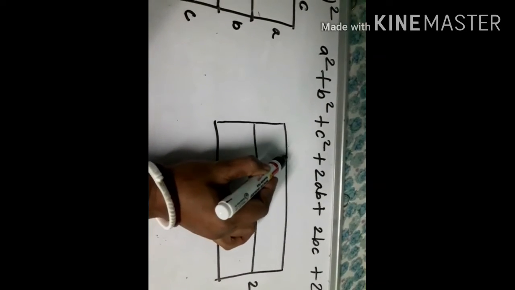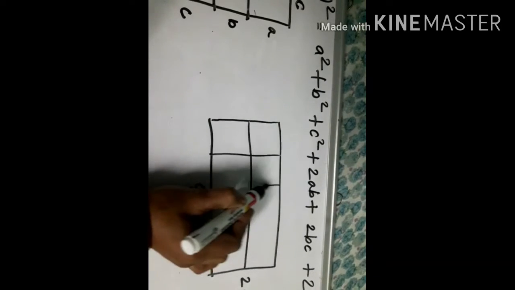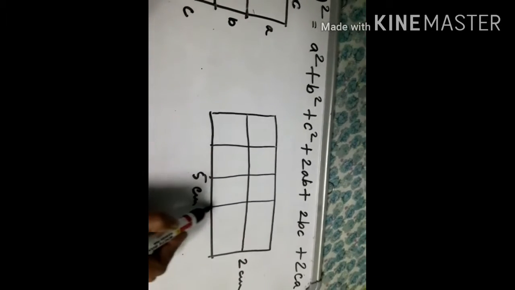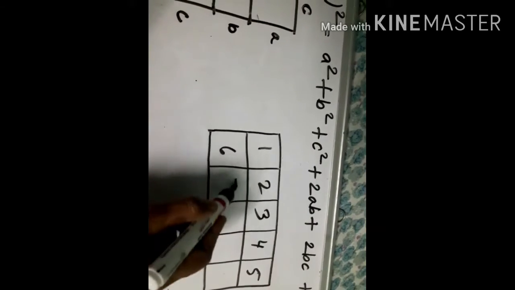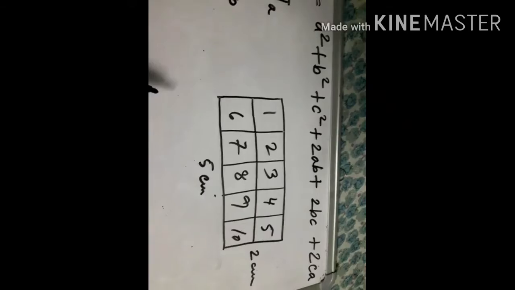See, 1, 2, 3, 4, 5, then 6, 7, 8, 9, 10. How many squares? 10 squares.